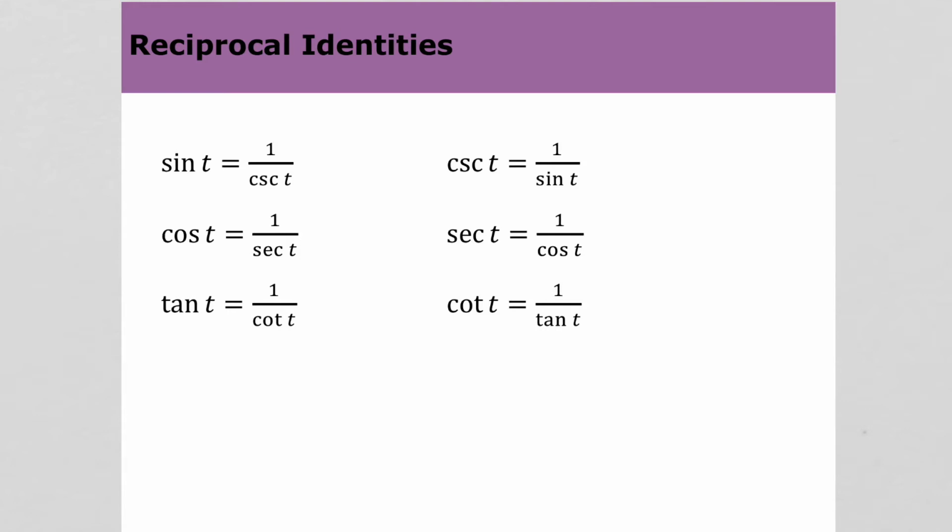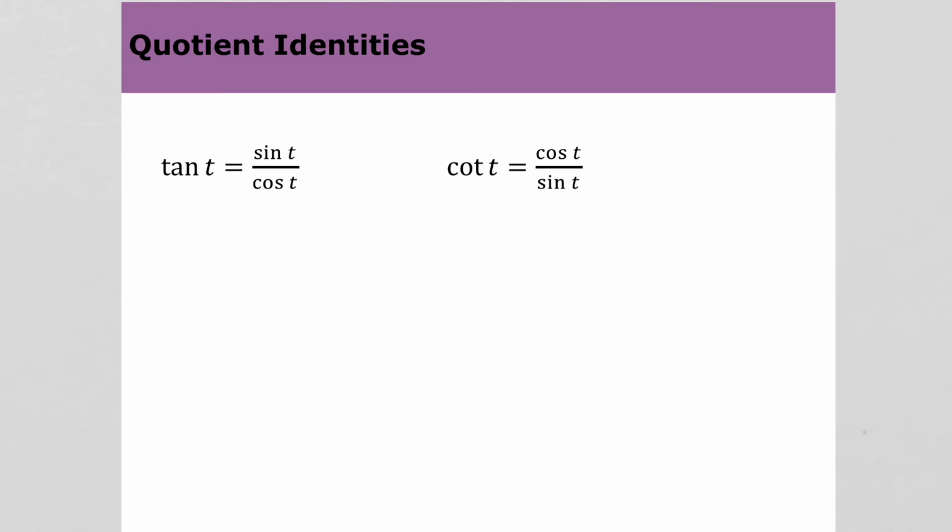Then cosecant, this is just going back and forth. So cosecant is 1 over sine. Secant is 1 over cosine. And cotangent would be 1 over tangent. You can go either way with those. And then there's the quotient identities. Tangent was y over x.